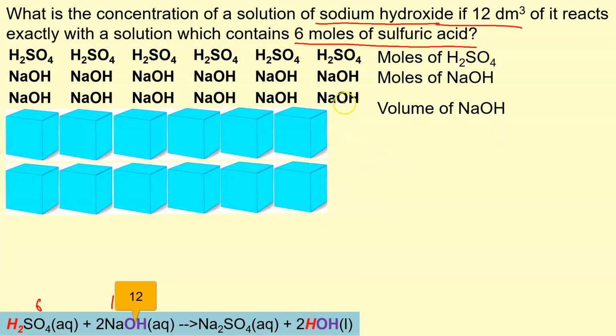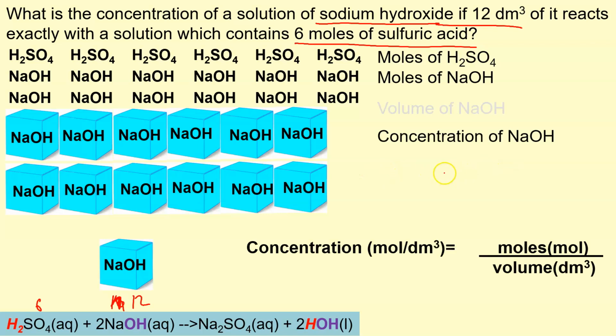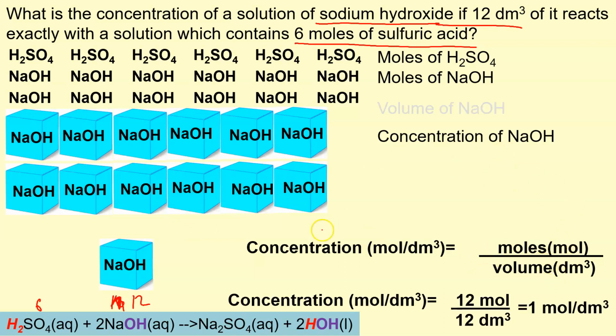So the 12 moles of sodium hydroxide are in 12 decimeters cubed. So concentration is going to be equal to number of moles, 12, divided by 12 decimeters cubed, giving us a concentration of 1 mole per decimeter cubed.